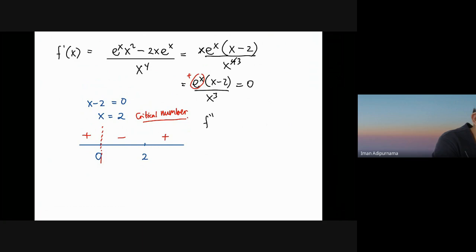Okay, check the second derivative. I think this will be a little bit long. So e to the x. Okay, let me write here.